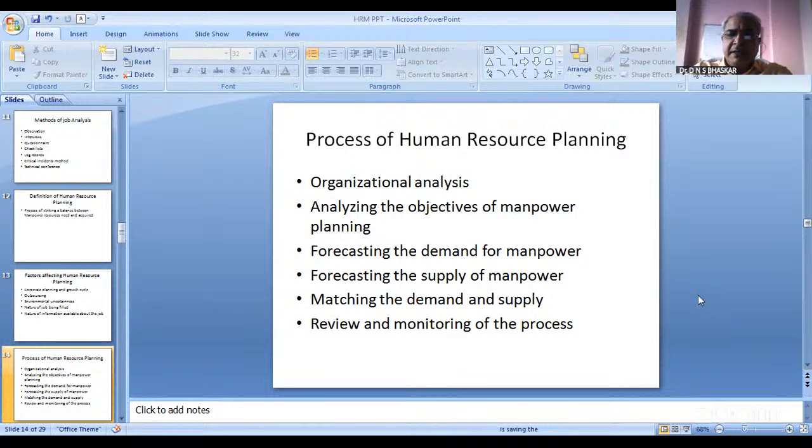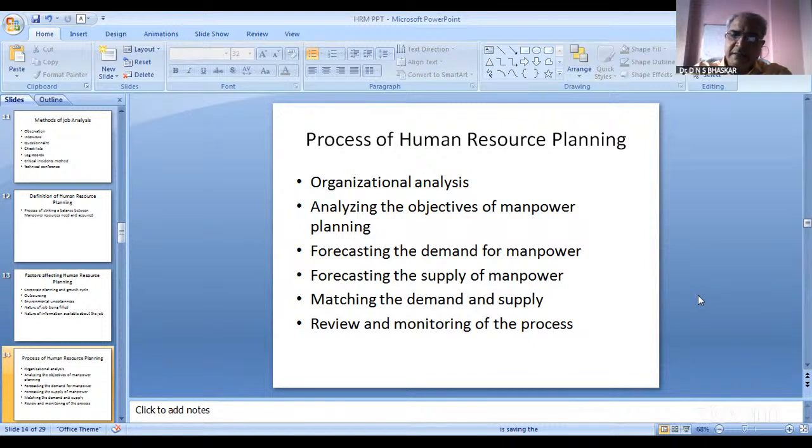Monitoring HR planning is a very crucial aspect: how genuinely and how accurately you are able to plan for the resources. If you recruit a person, or plan for the recruitment of a particular level of employees, then tomorrow morning it will become a burden to the employee and a burden to the organization if your manpower planning is wrong.